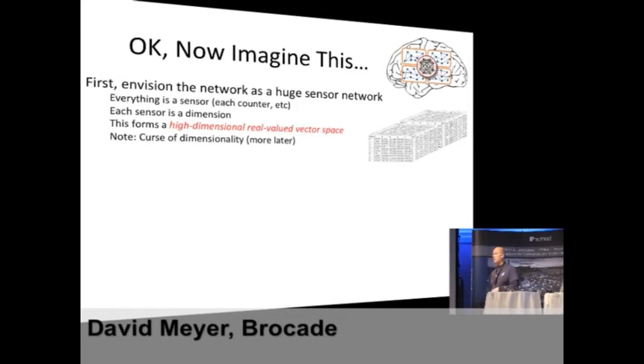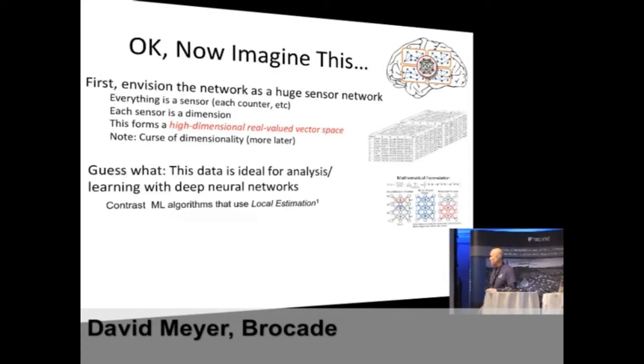This means that the network builds this high dimensional vector space, and then you get these records out of your network that look like that. And there's this curse of dimensionality thing, I'll tell you what that is in a second. But guess what? This is ideal for using deep learning techniques. It's perfect.